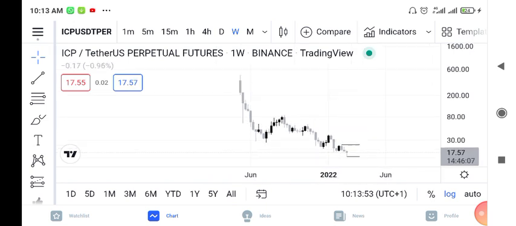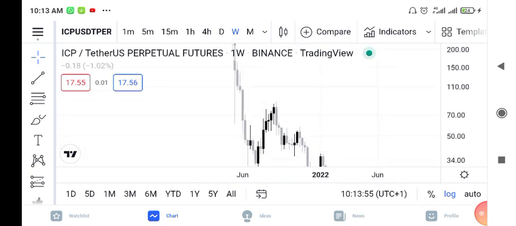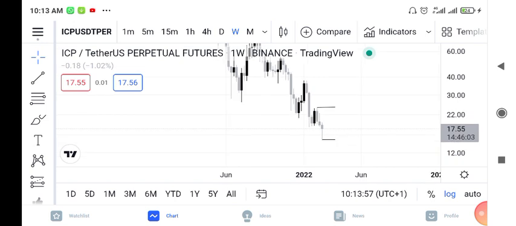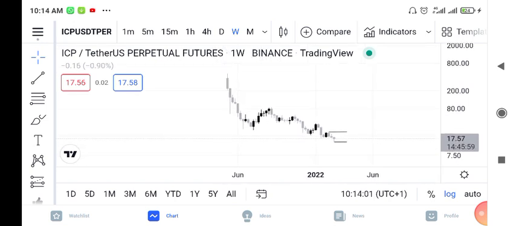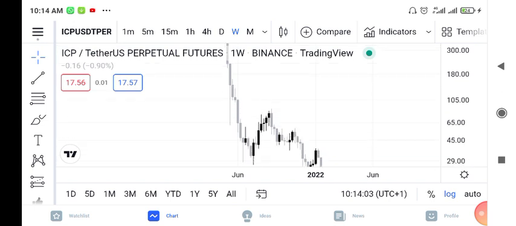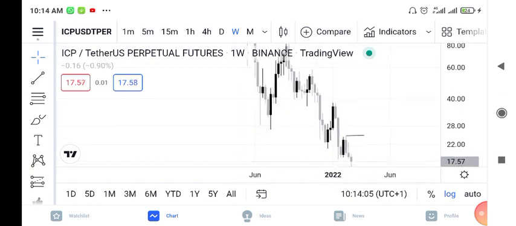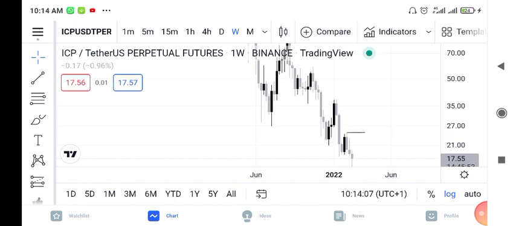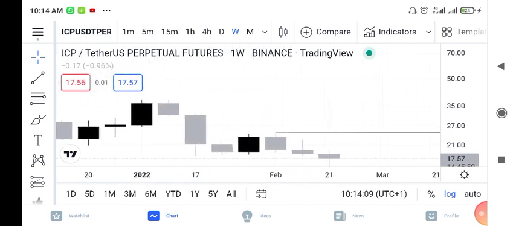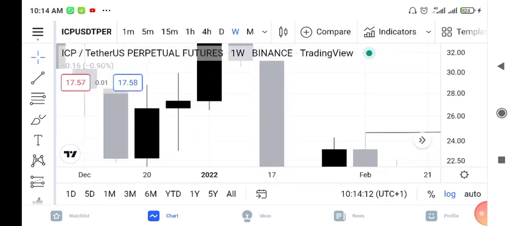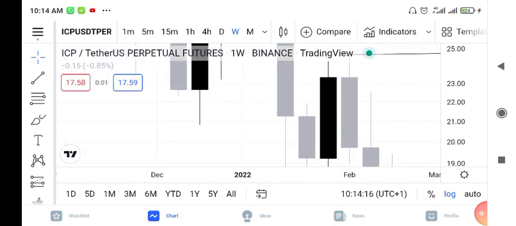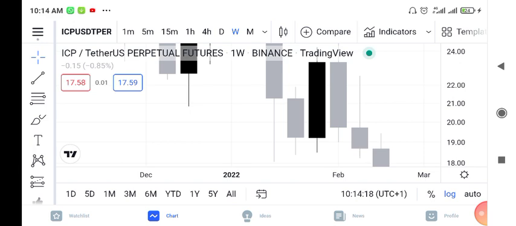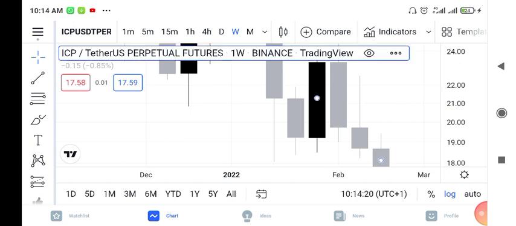So now my analysis on ICP. If we look at ICP, what do we notice? Price has been going down. That's clear. Now let's follow price movement on a candle by candle basis. Let's look at current price movement. What do we see? We see that we had a close above this bearish candle right here.